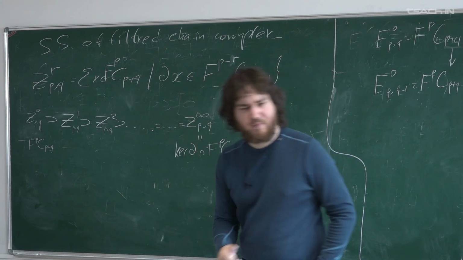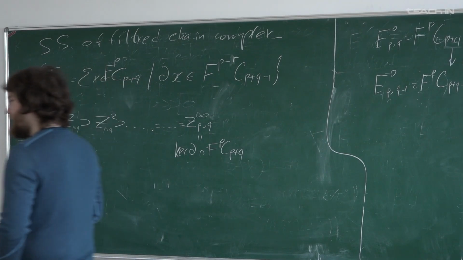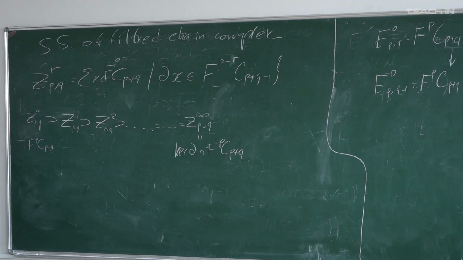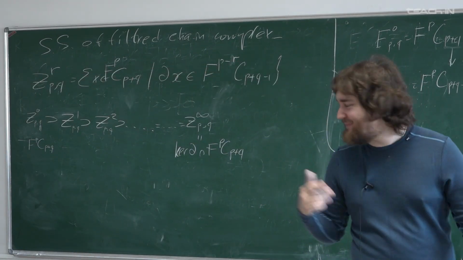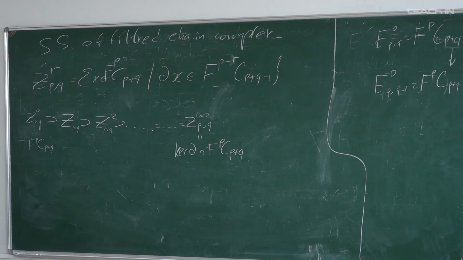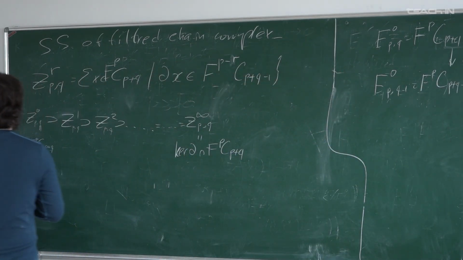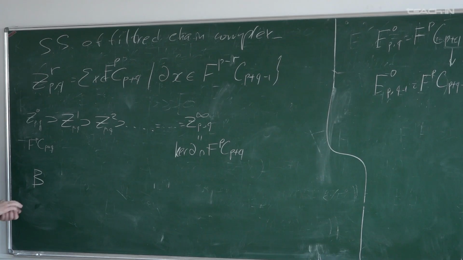Okay. And also I can consider there are approximations for boundaries. What is a boundary? A boundary is something which is the boundary of something, okay. But maybe it's the boundary of something which goes from some filtrations below.